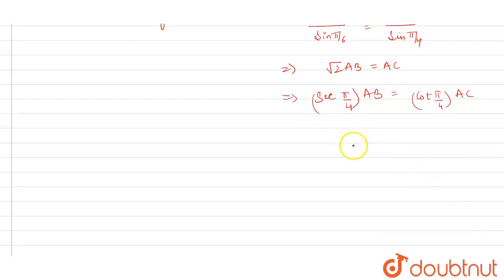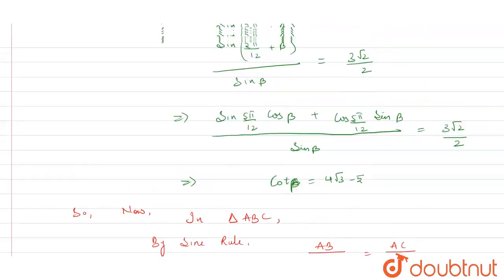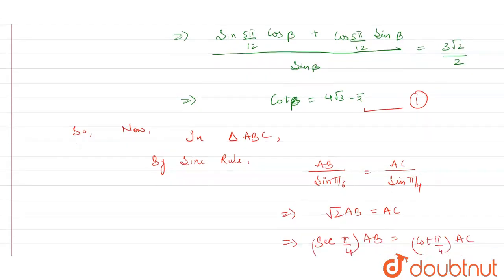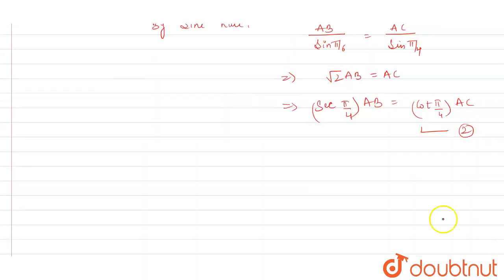On further solving, let us mark this equation as equation 2 and the equation we have solved here as equation 1. So let us multiply both these equations, multiplying 1 and 2.